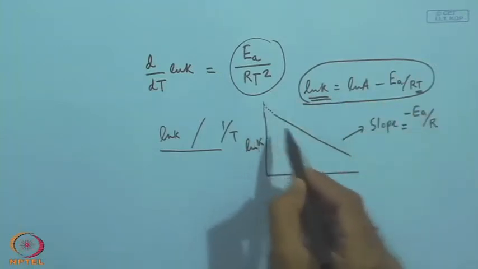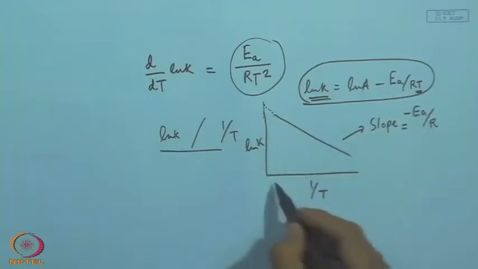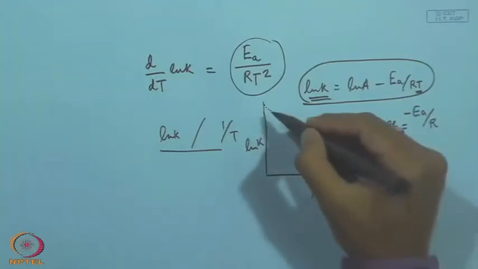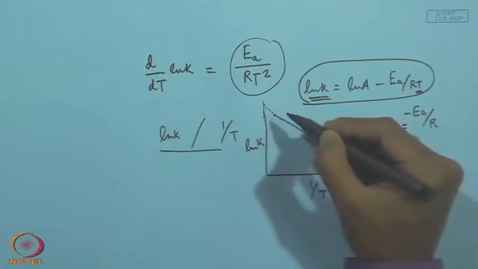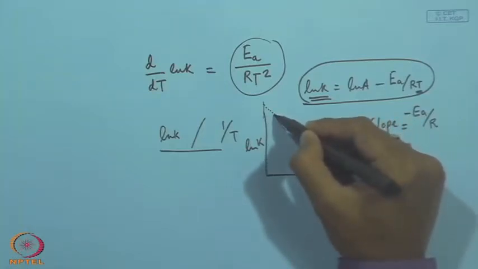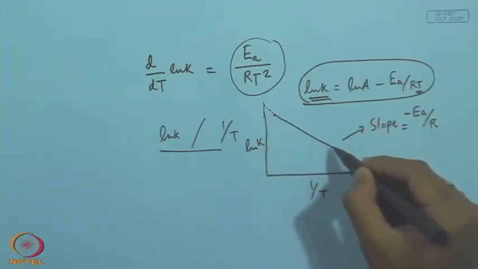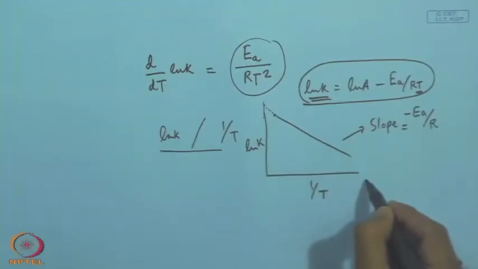The intercept means 1/T equal to 0, which is a huge temperature that you cannot reach experimentally. You can go up to a certain temperature, maybe the highest temperature at which you can do the experiment in the laboratory. These are the values corresponding to different temperatures, and on this side the temperature is minimum.